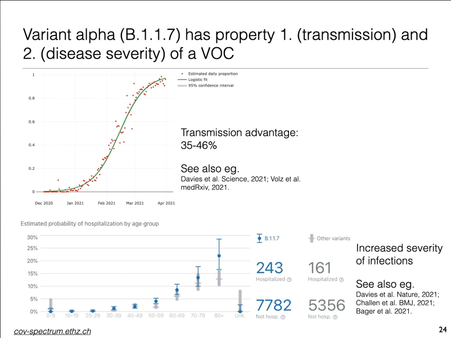What we additionally do for our Swiss sequences, we link them to clinical metadata whenever available. So, for example, to data on if the person from which a particular sequence is taken was hospitalized.